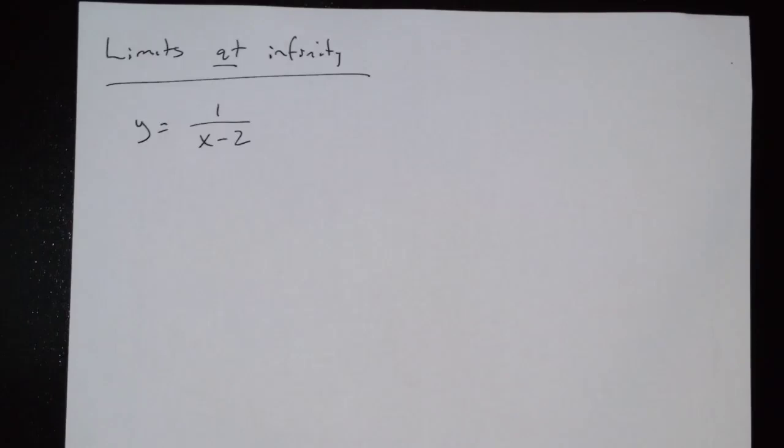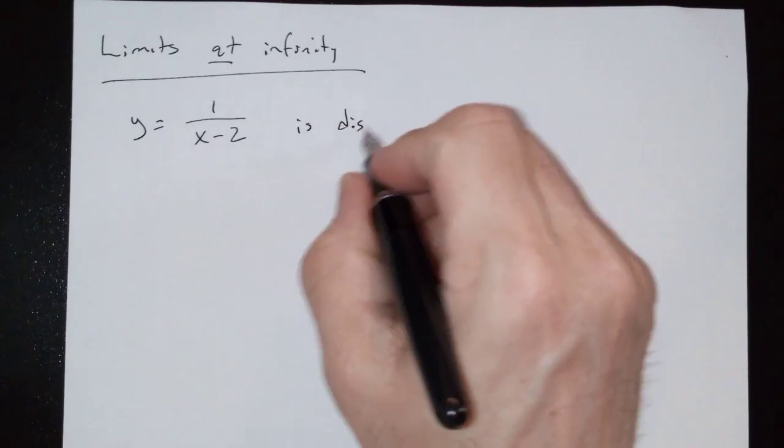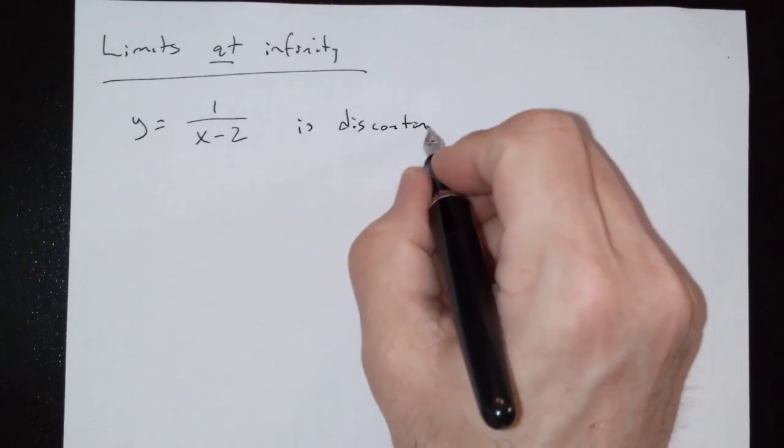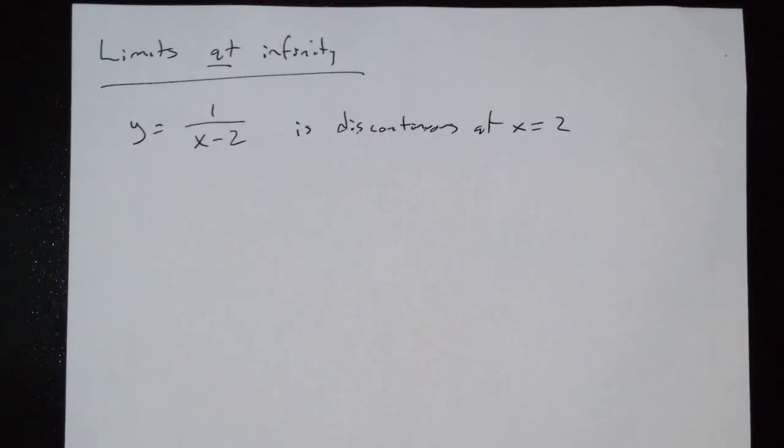Right, it's discontinuous at 2. There isn't a value at x equals 2. I get 1 over 0. That's not going to work.